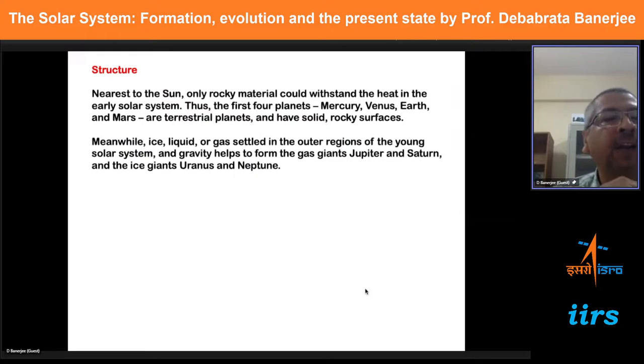If you look at the PT diagram of water, for example, you'll see that at low pressures and low temperatures, sublimation occurs, so gas can condense to form solids without going into the liquid phase. Therefore, you have accumulation of large amounts of materials in the outer solar system, and they form the gas giants, Jupiter and Saturn, and then the ice giants, Uranus and Neptune.